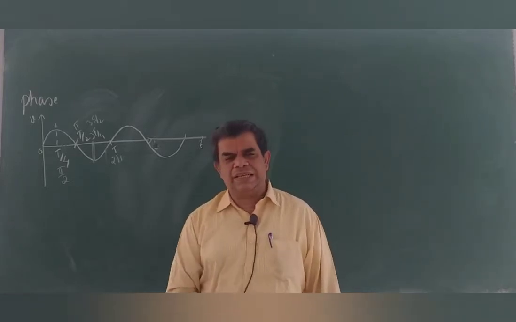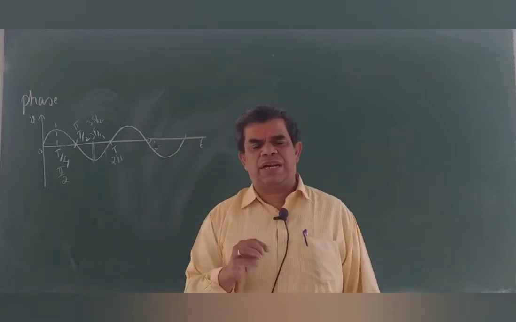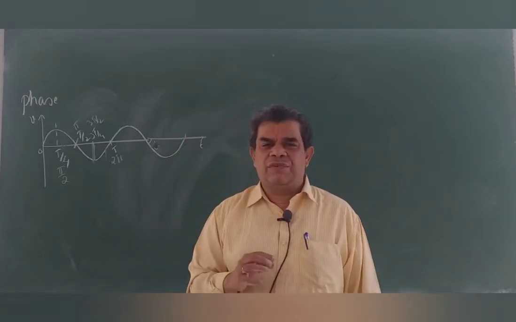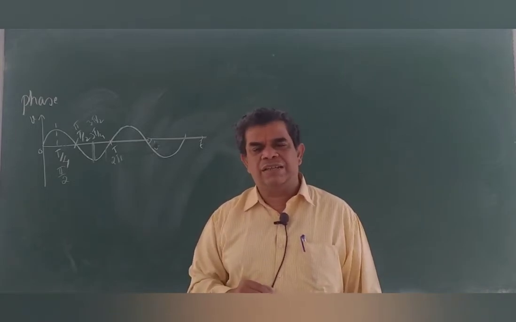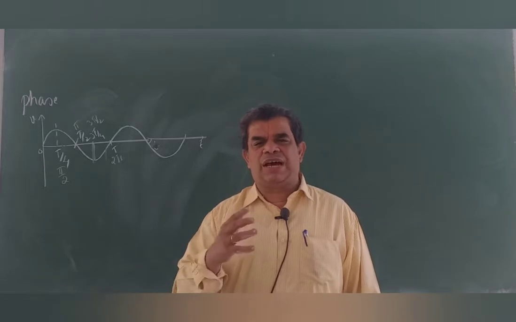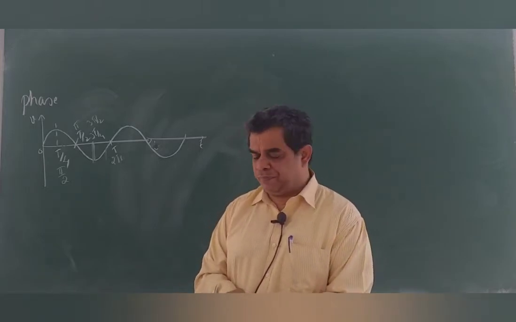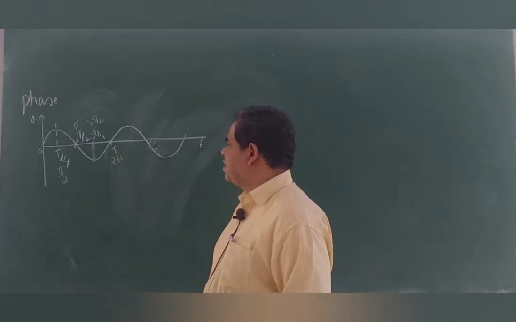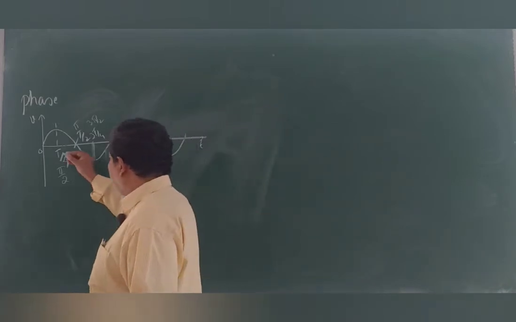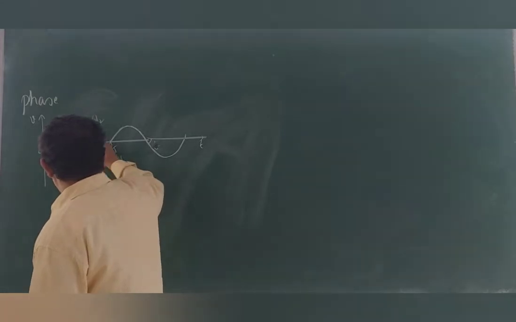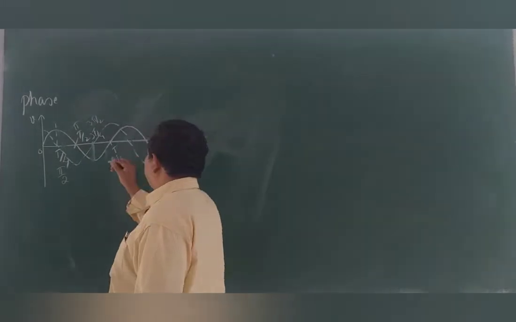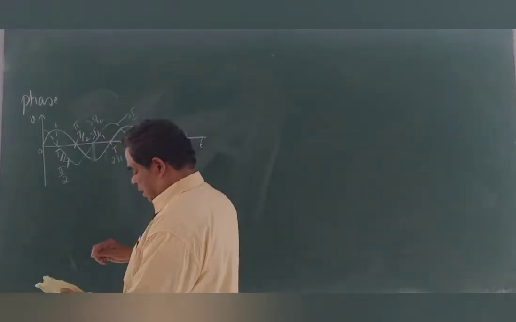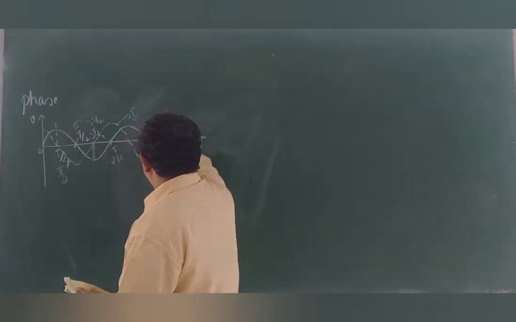But in AC circuits, very important is phase difference. Phase difference means you take two AC quantities, say voltage and current. What is their phase and how do they differ in phase? For example, in this graph, if I write the current like this, observe this dotted curve, this blue line is current and this is voltage.